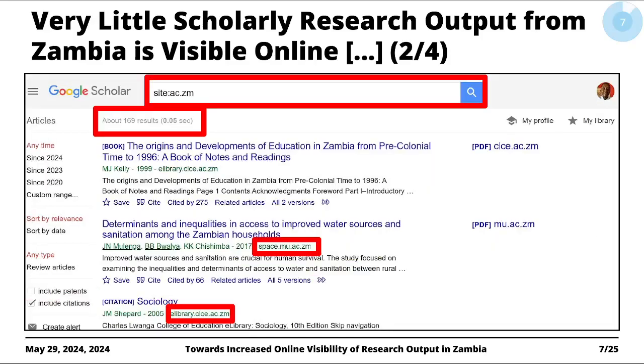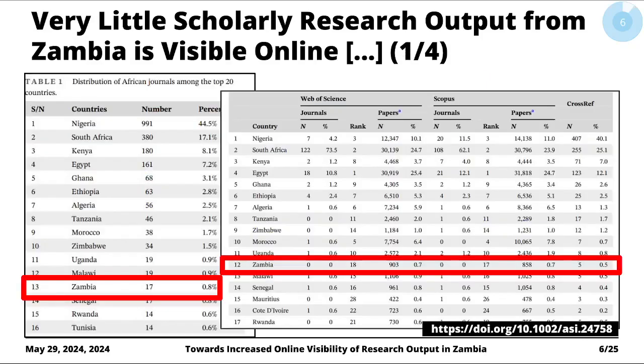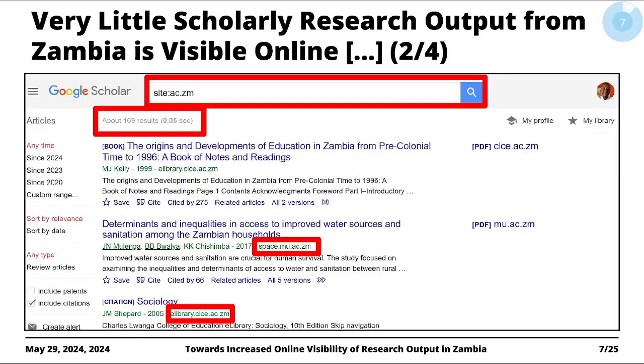But anyways, I know there are usually arguments that are made around databases such as Web of Science and Scopus, but if we look at one of the most widely used academic databases like Google Scholar, which incidentally indexes great literature, you find everything and anything here.